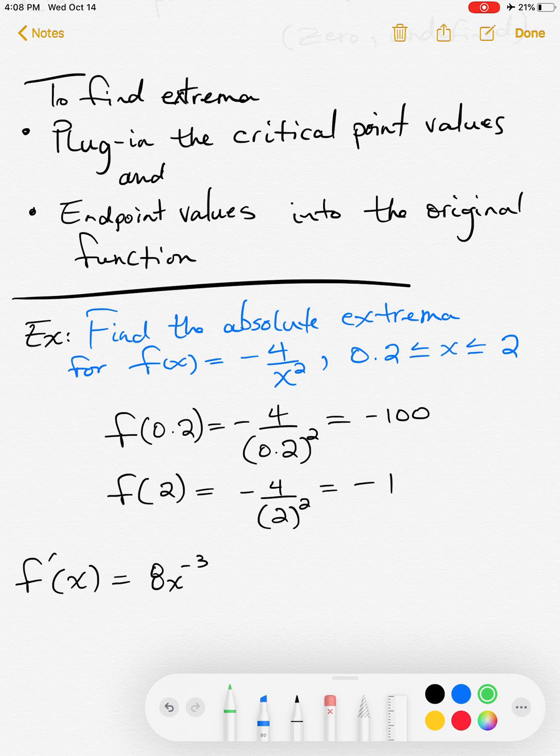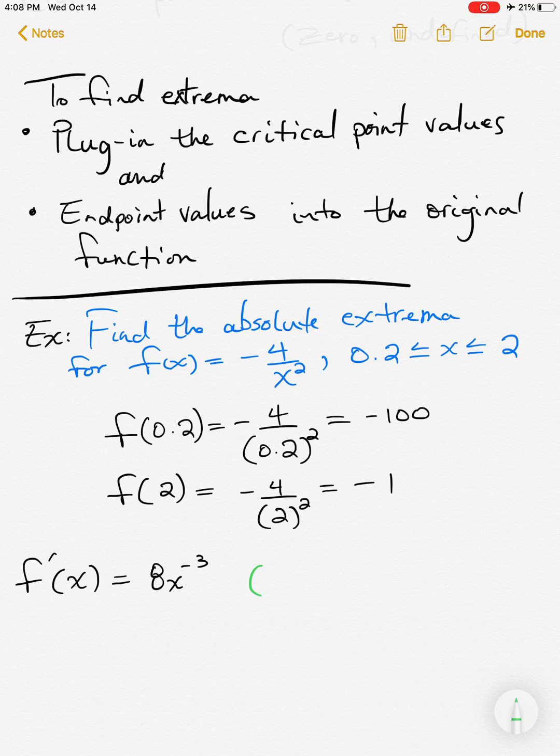How did you get that? Okay, the stuff that happened in my brain that didn't show up on the screen, in the green: we have negative 4 times the derivative of x to the negative 2, which would be negative 2 times x to the negative 3rd power. And it produces this guy right here.